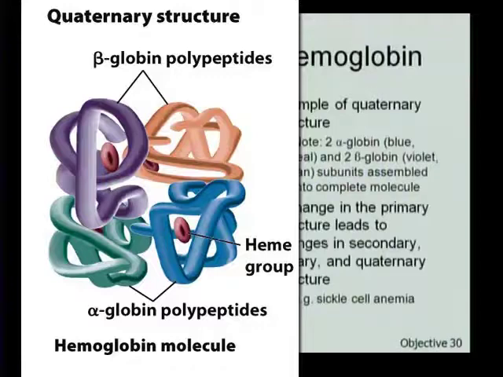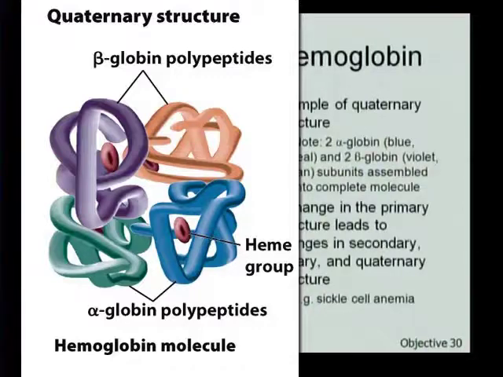And this hemoglobin results from the primary structure of the individual amino acids in the individual strands, alpha helices and beta pleated sheets forming secondary structures.